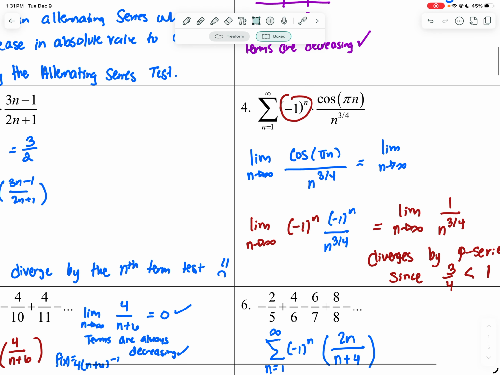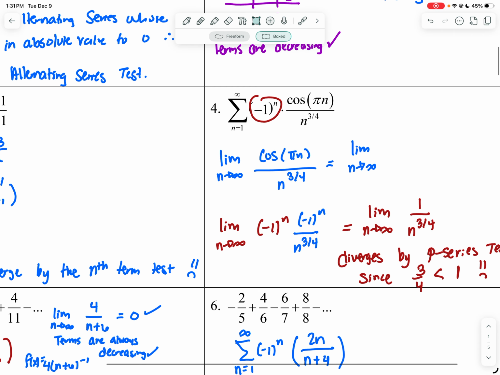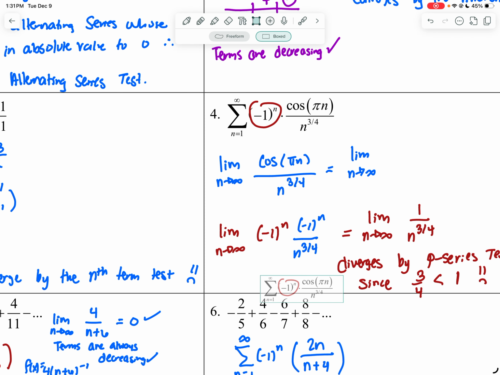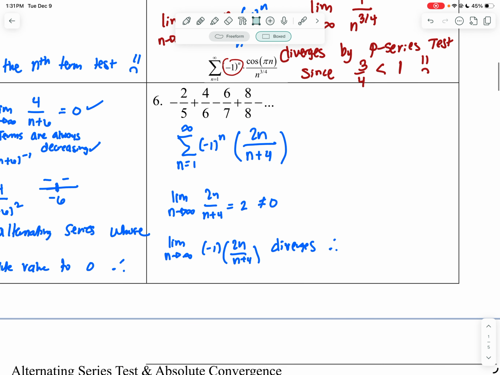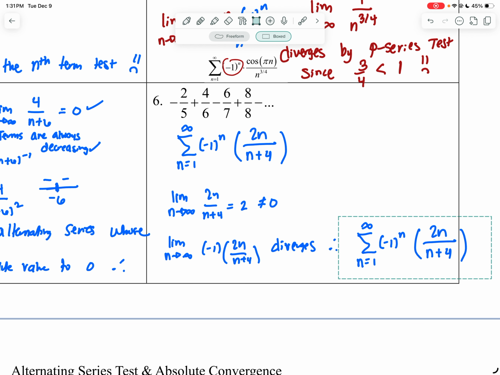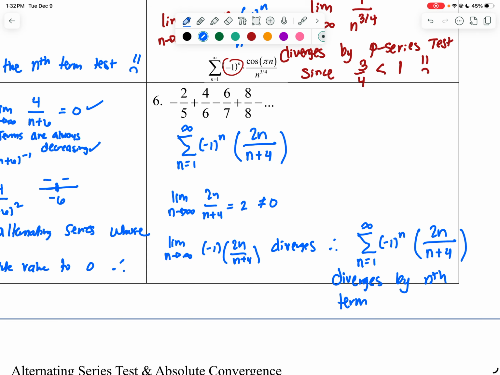So that diverges by nth term test. This diverges by p-series test. And then this right here, not the limit, but the series, diverges by nth term test, because we know that the limit diverges.